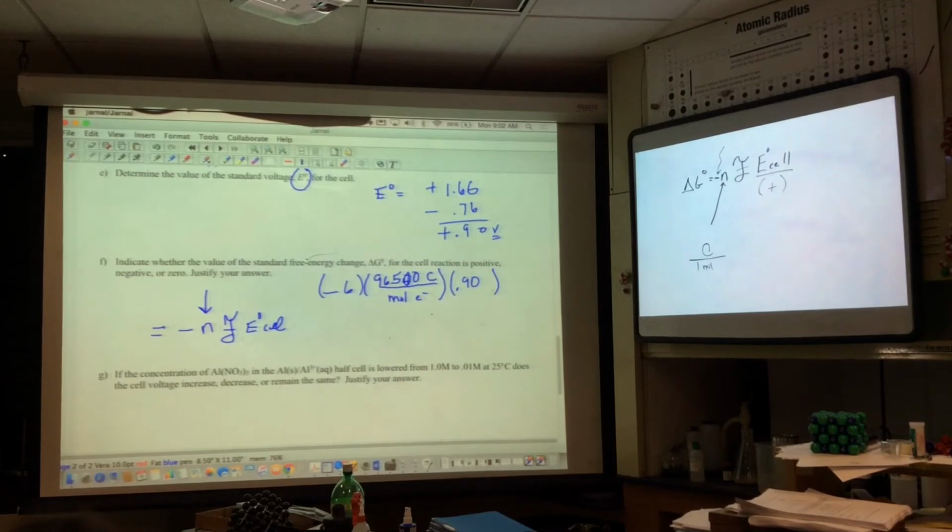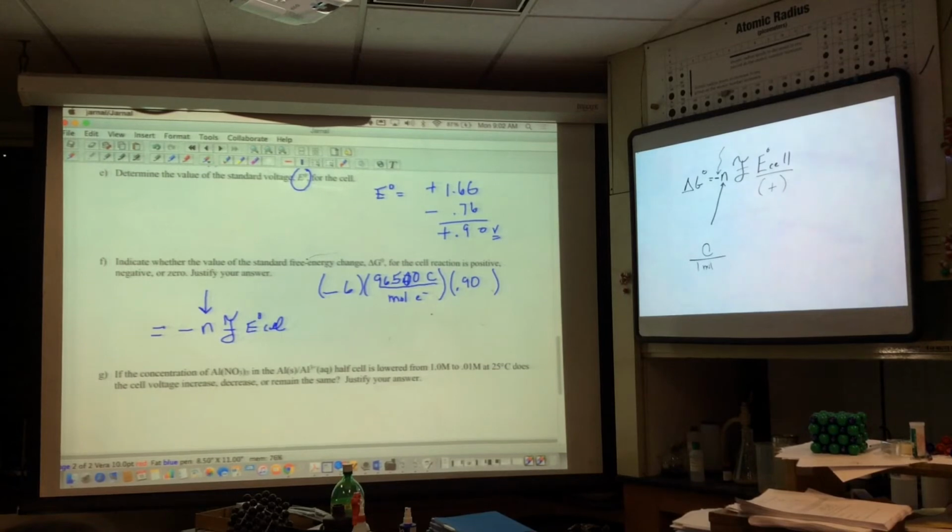And so now we put it together. All right? And by the way, a volt times a coulomb will actually give me a joule. It's kind of a weird thing. I don't want to get crazy.